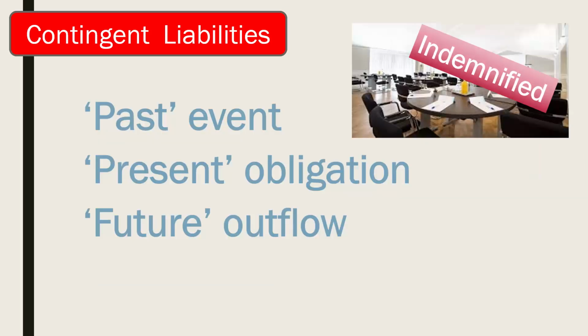An example of this would be where our firm has hired a venue to host a conference and indemnified the owner of that venue against losses that may be suffered if attendees damage the venue. The conference has been held and there was some minor damage to the venue.